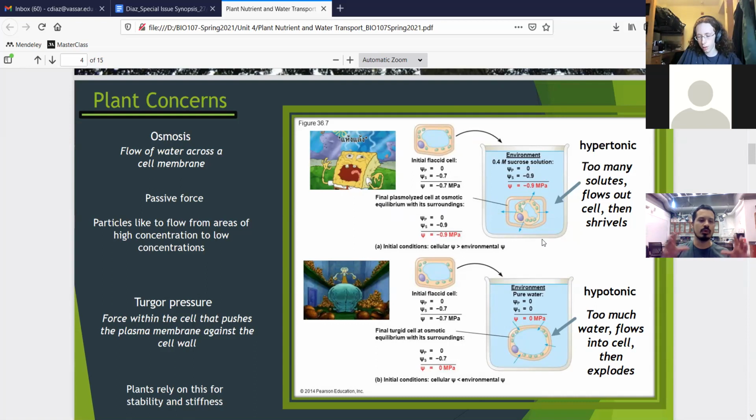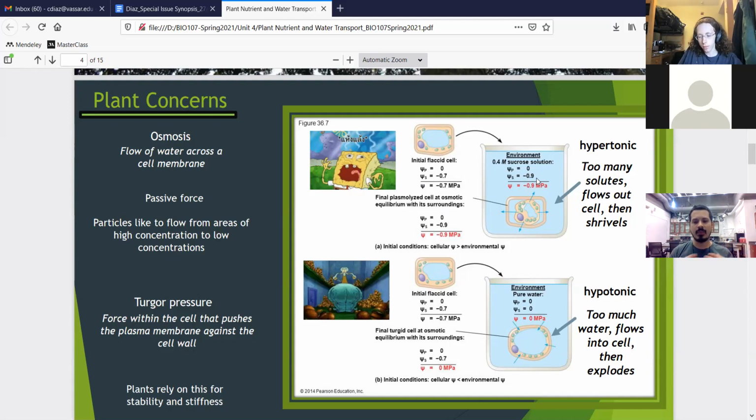So there's going to be more salt on the outside than on the inside. In this case, that's going to create a negative value. And since negative 0.7 is higher than -0.9, that means there's more pressure on the inside of the cell. And so water is going to be flowing outwards.